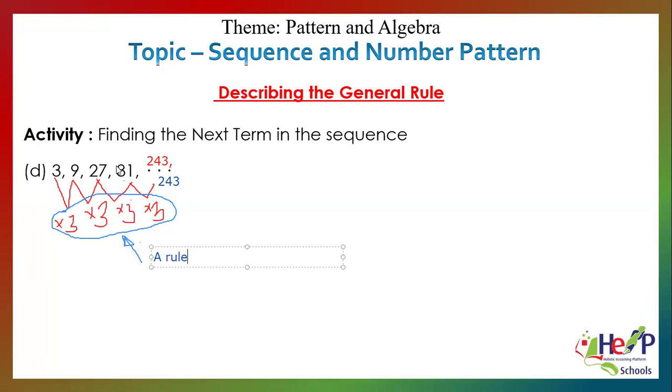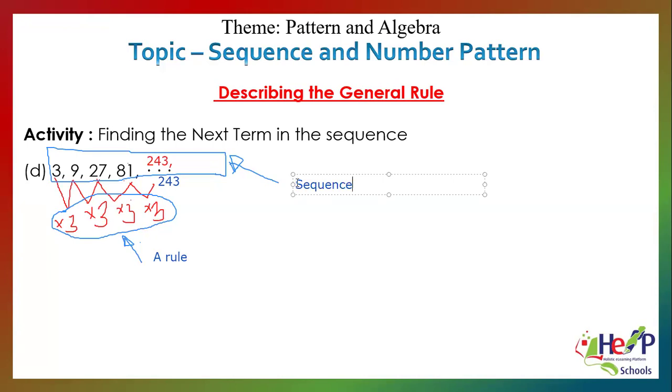This upper one here, up to this side, the rule guides you on how this should look. So this particular one is called a sequence. So we have a rule, we have a sequence.